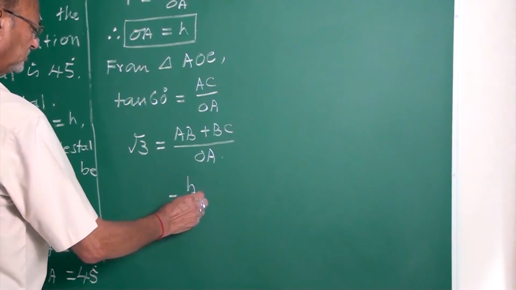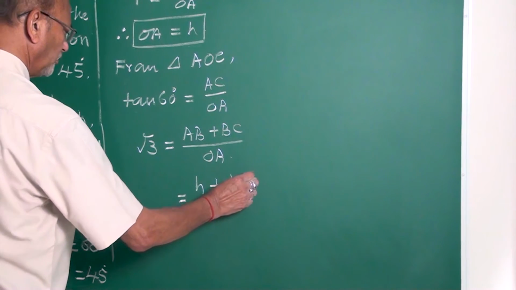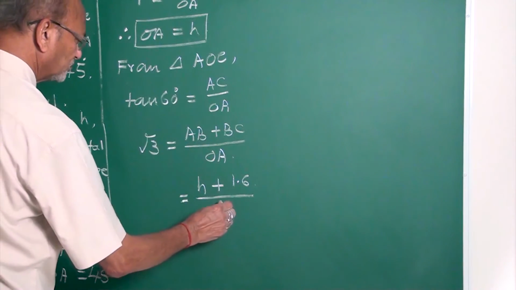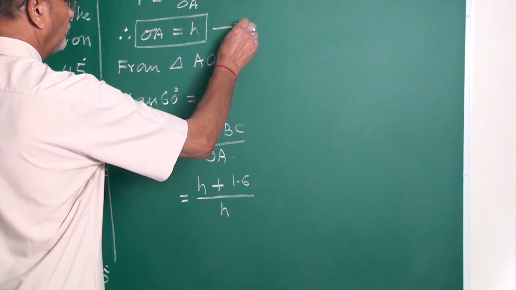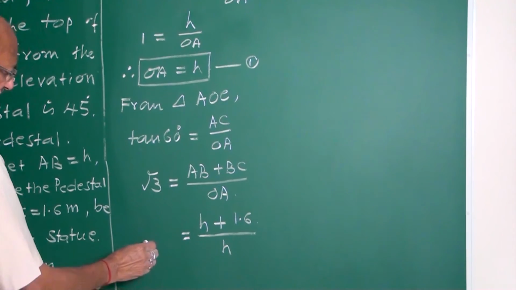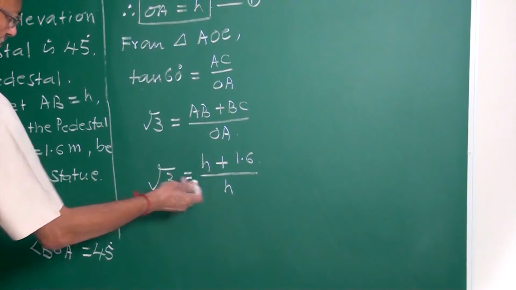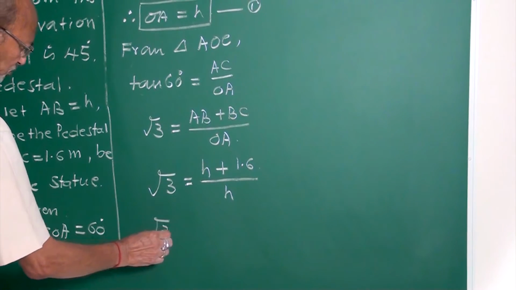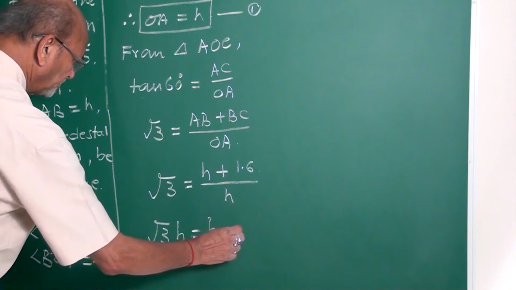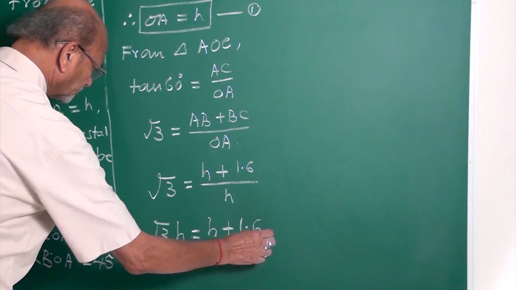This is H plus 1.6 upon OA, which is also H, from 1. This side is root 3. So bring this side: root 3 into H equals H plus 1.6.